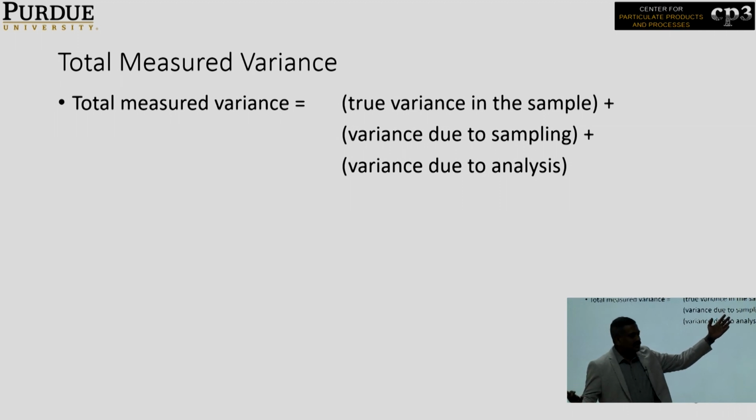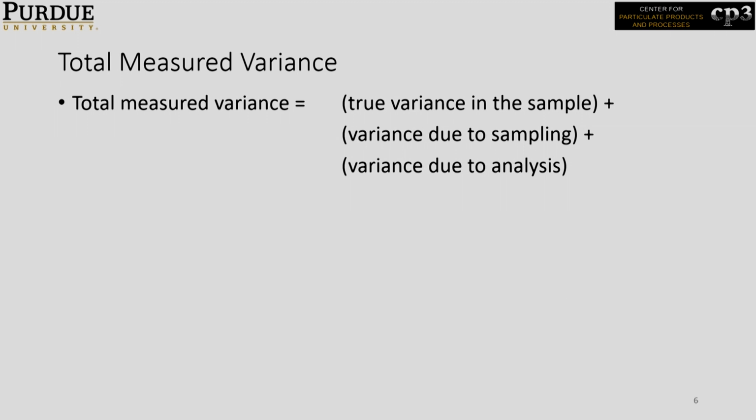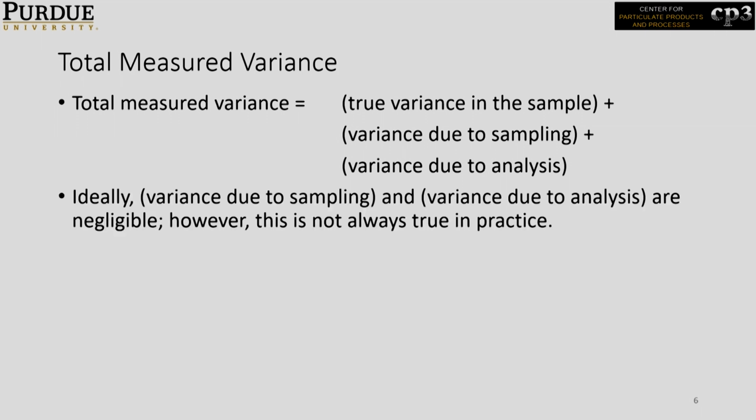So most often, the maximum variance that you can avoid is the sampling variance. If you use appropriate sampling, then you can avoid that variance. Sampling is the easiest to avoid. Variance due to analysis, if it's calibrated well, you can avoid, but most often you will still end up with some instrumental error.